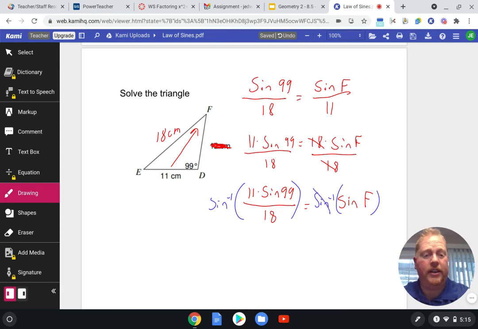The inverse sine cancels out this sine, and I get angle F. And then I'm going to type that whole thing into my calculator, divided by 18. And I get 37.12 degrees, so 37 degrees.